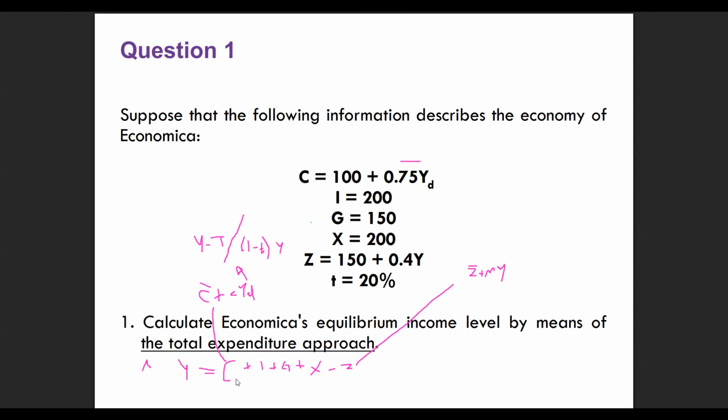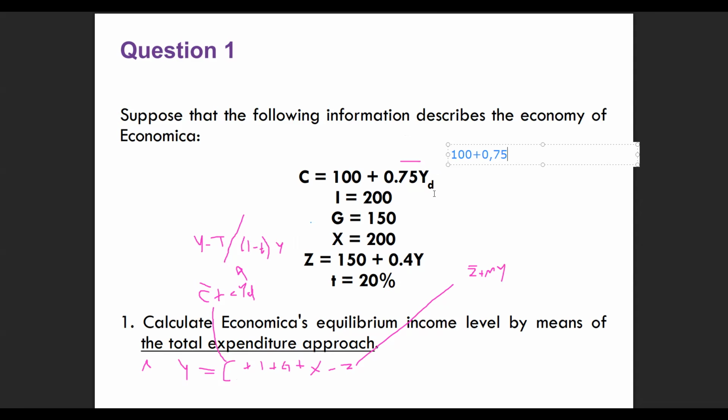So now let's calculate again. For our C, we are just going to use this one. It's 100 plus 0.75. And then obviously, remember we need to calculate disposable income, so we're not going to say YD like this.